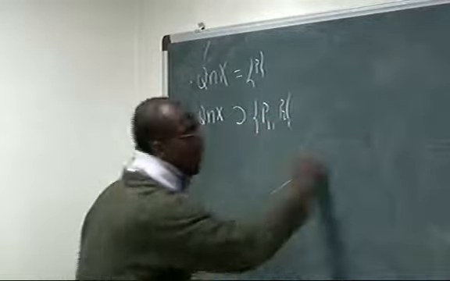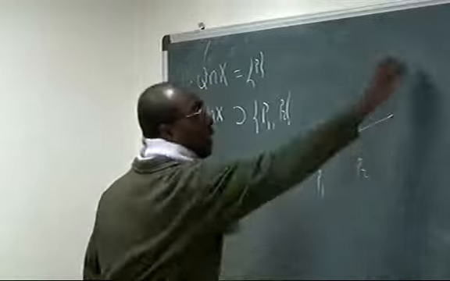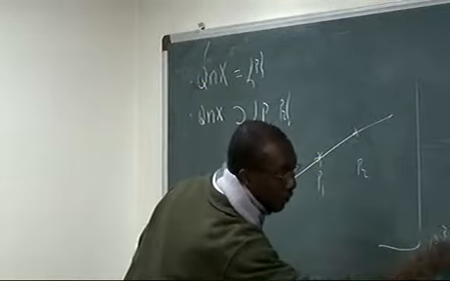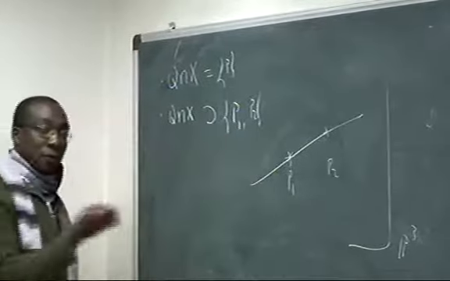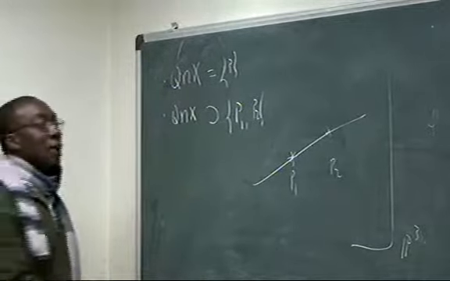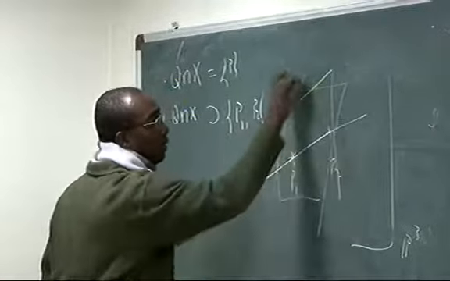If you suppose that it contains at least 2 points, P1, P2, we live here in P3, we can take the line L defined by the 2 points, and now we take all the planes through this line.